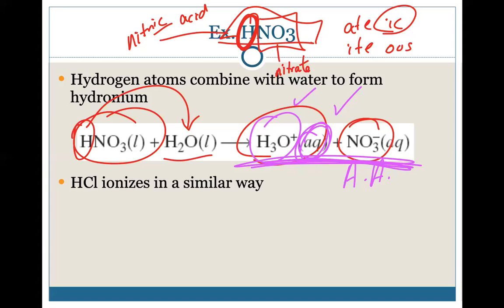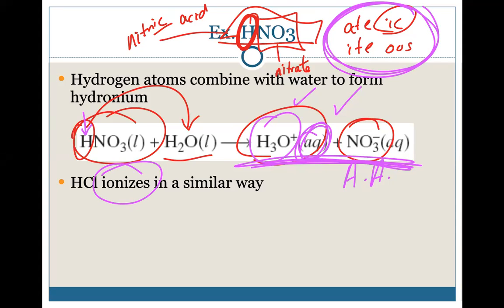HCl is going to ionize in a similar way. Now, I want to point out, I'm using the term ionize now, not dissociate, because this is ionization. The hydrogen here is not an ion. That's why I say, when I tell you last week and review this week about using this shortcut, that's not how these acids actually form.